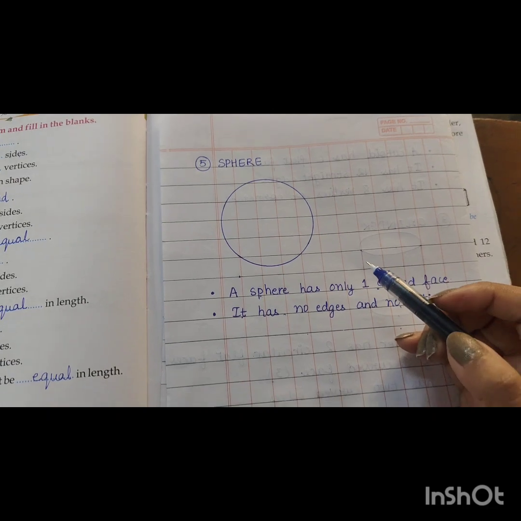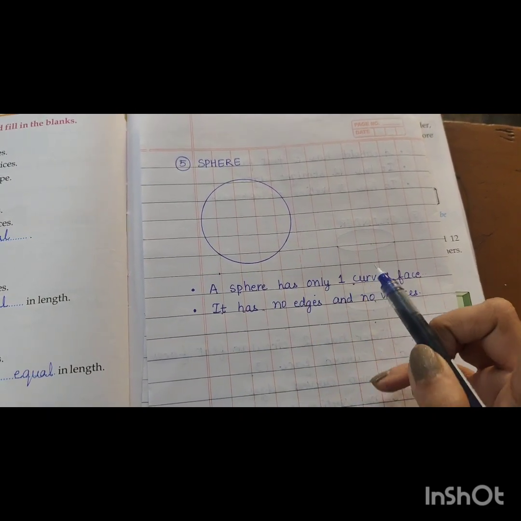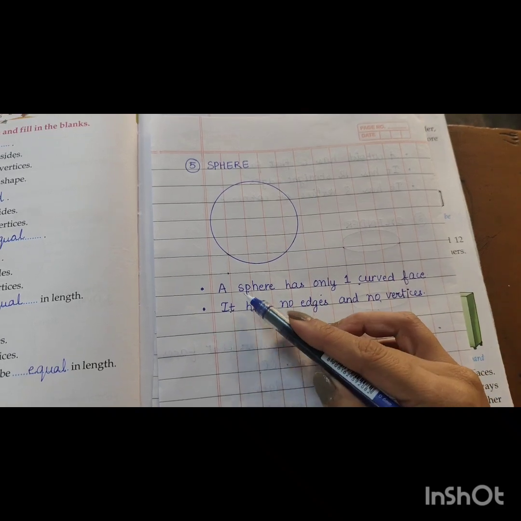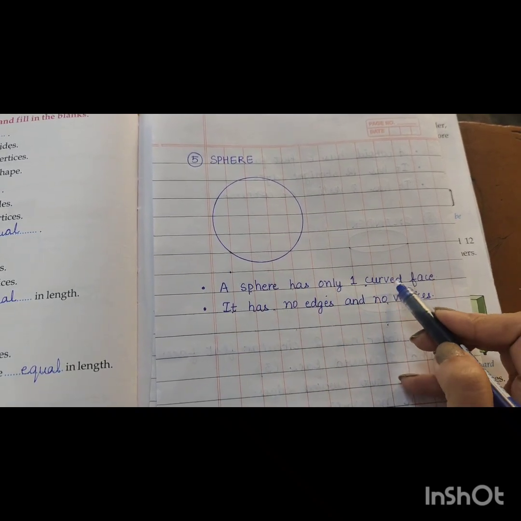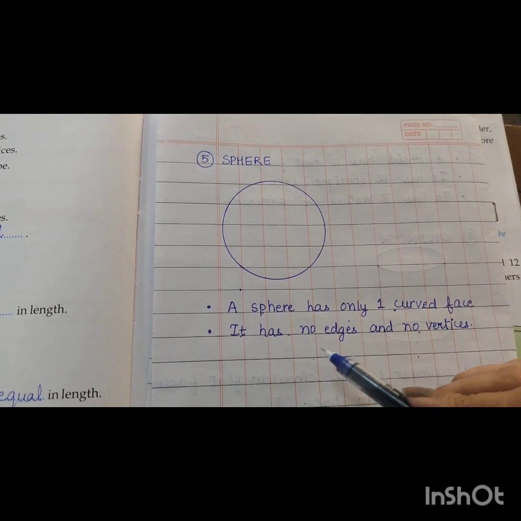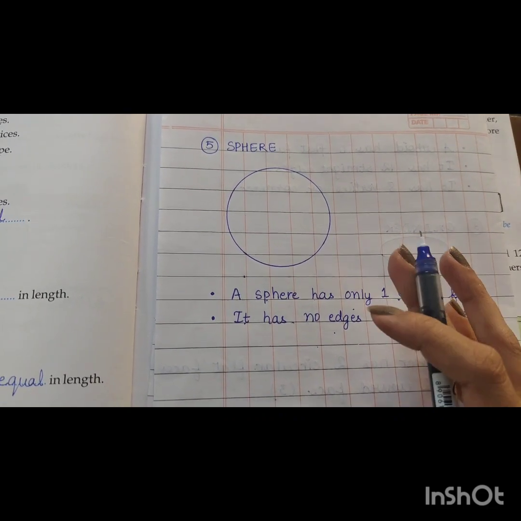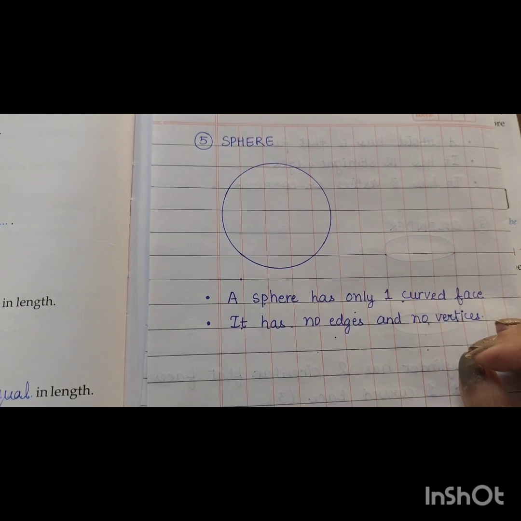The difference between the two? A circle has only one flat face, whereas a sphere has only one curved face. Okay, beta ji? Curved face. It has no edges and no vertices, just like a circle.